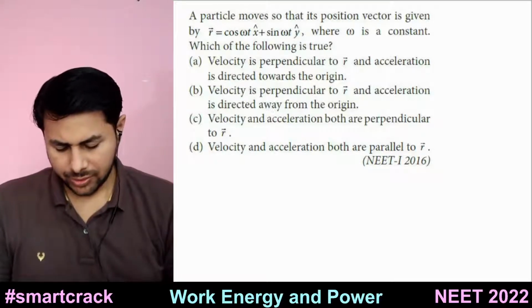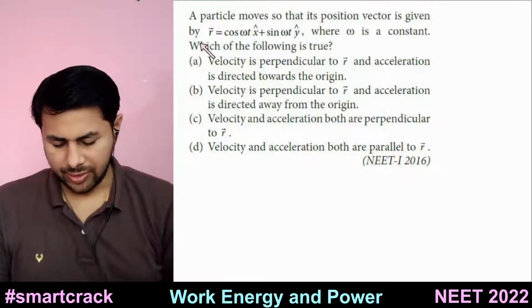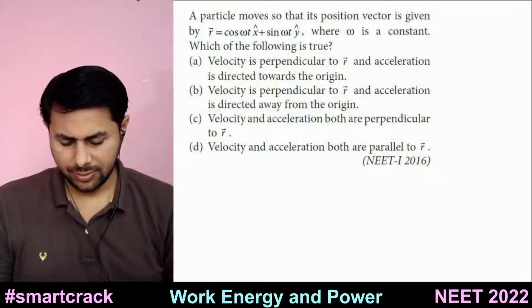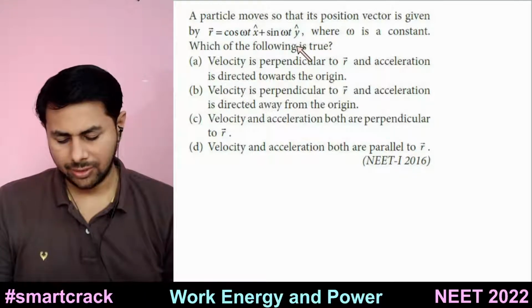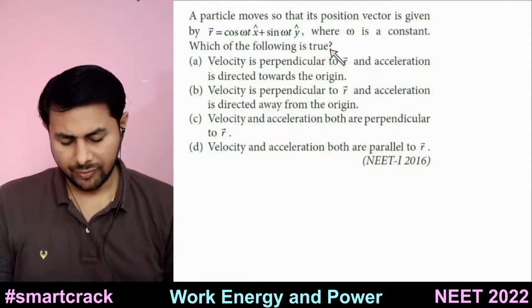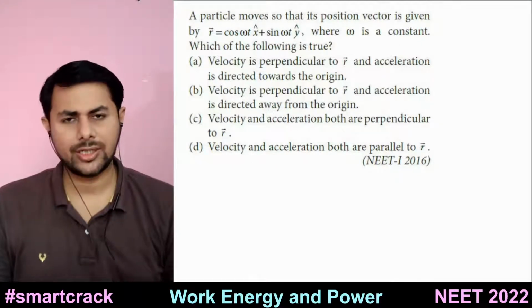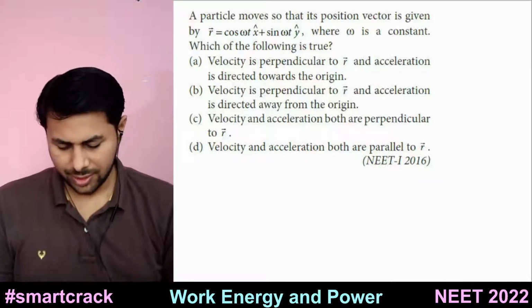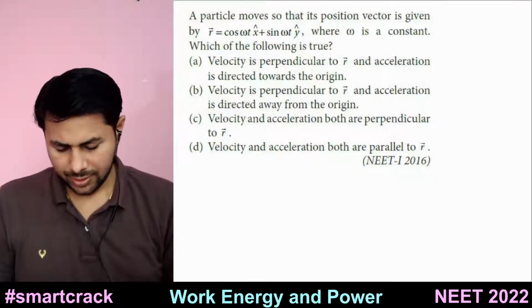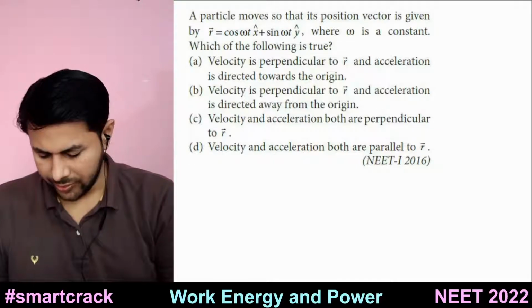A particle moves so that its position vector is given by r bar equals cos omega t times x cap plus sin omega t times y cap, where omega is constant. Which of the following is true? Now I will tell you one thing.